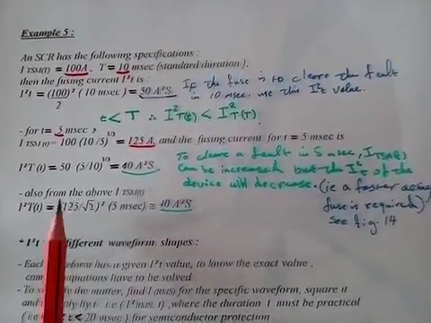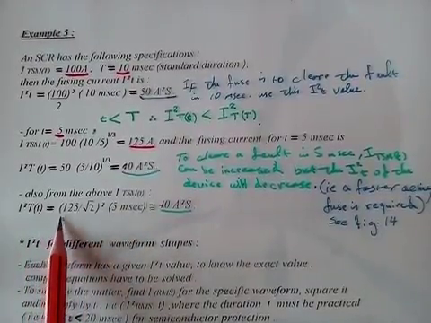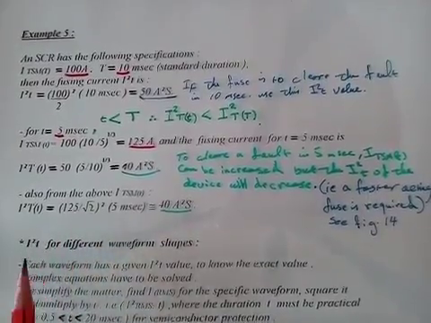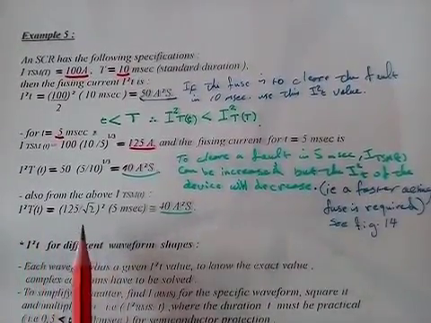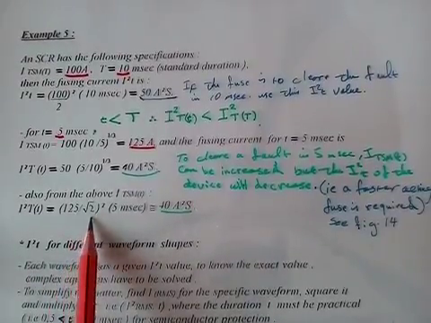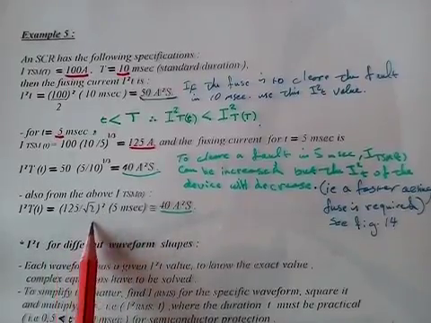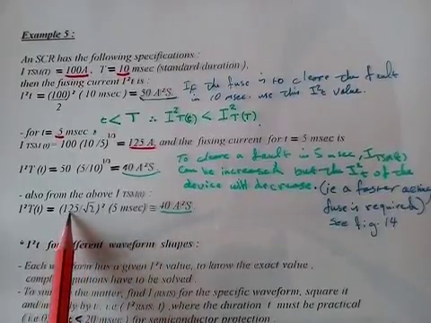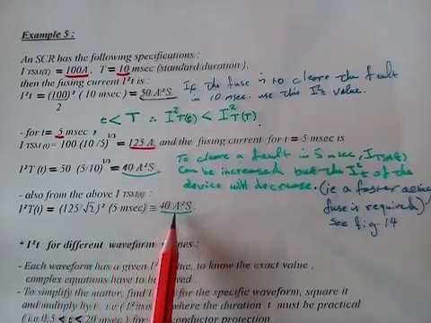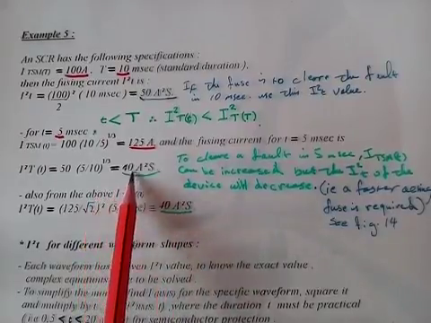Okay, and you can calculate the same value in another form, by using the new surge current value, which is the 125. We divide it by the root square of 2 and square it. That's the RMS value for the 125 amps peak. I will multiply that by 5 milliseconds. We get the same result, which is 40 amps squared second as the one above.